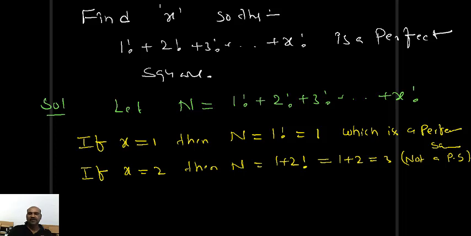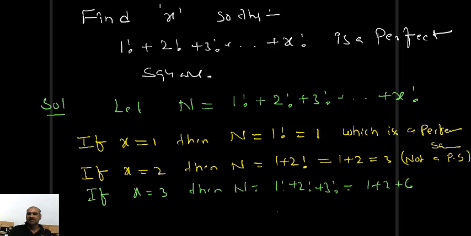Okay, if you take x equal to 3, then n equals 1 factorial plus 2 factorial plus 3 factorial, that is 1 plus 2 plus 6, that is equal to 9, which is a perfect square.